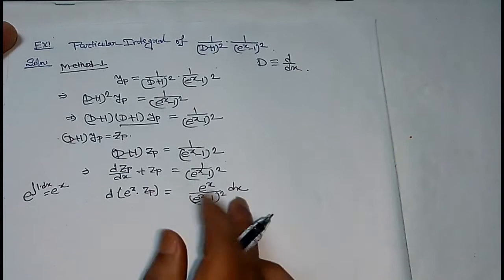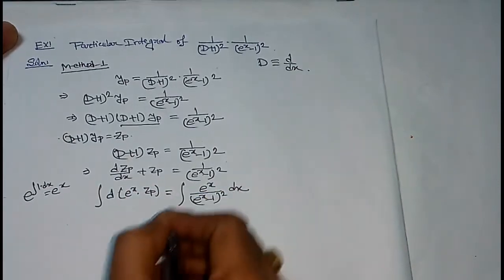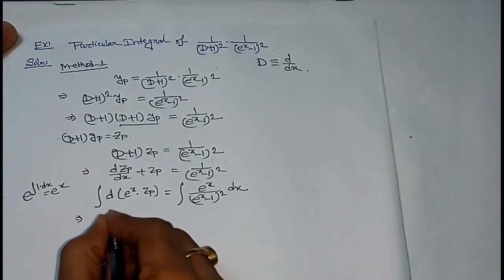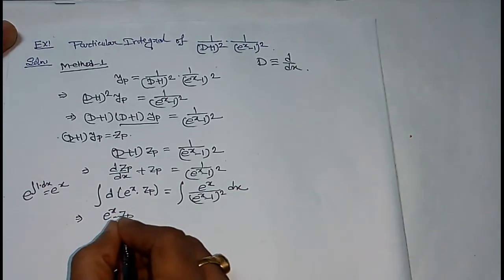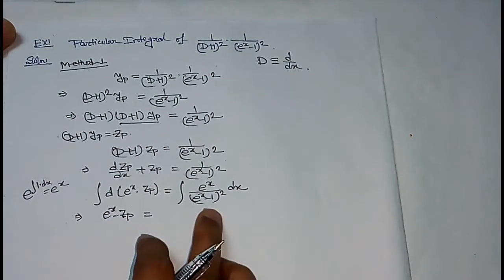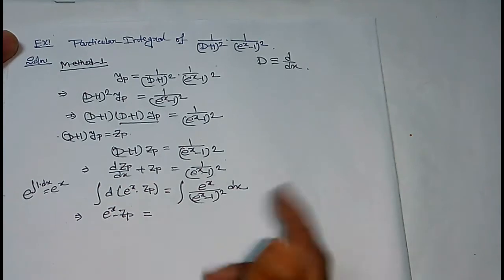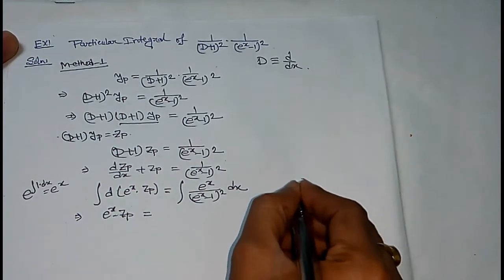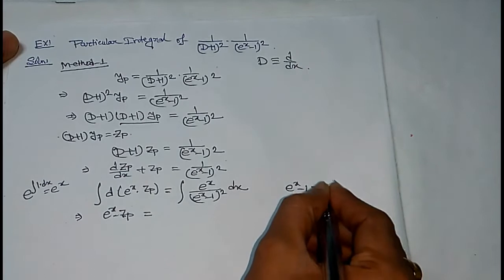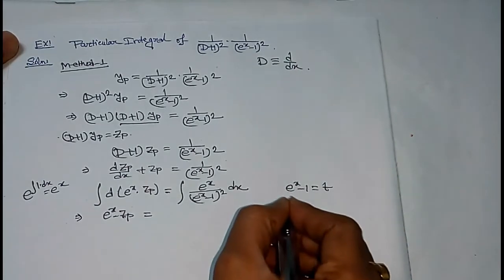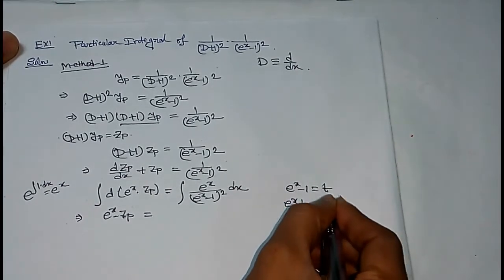Next we shall integrate this equation. The left hand side will be e to the power x into zp, equal to the right hand side. To integrate this function, we assume e to the power x minus 1 equal to t, then e to the power x dx equal to dt.